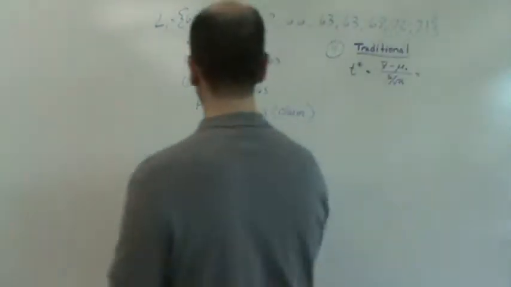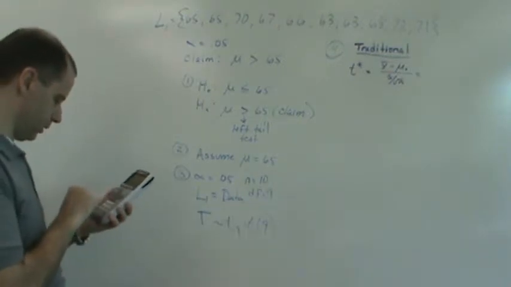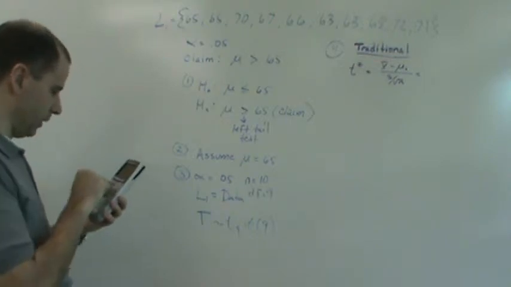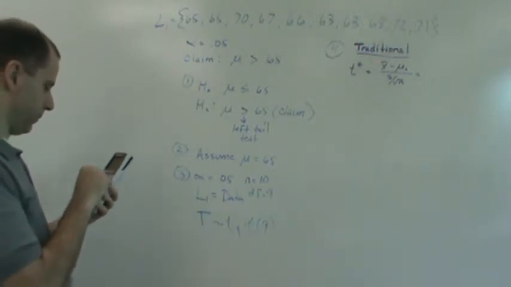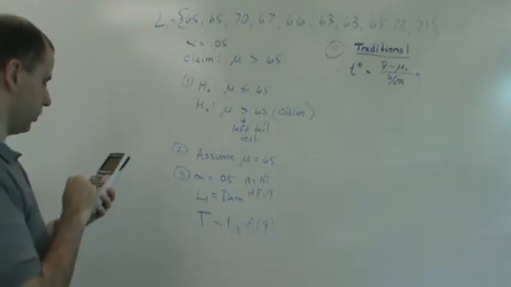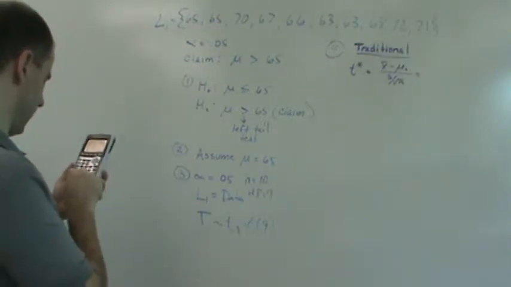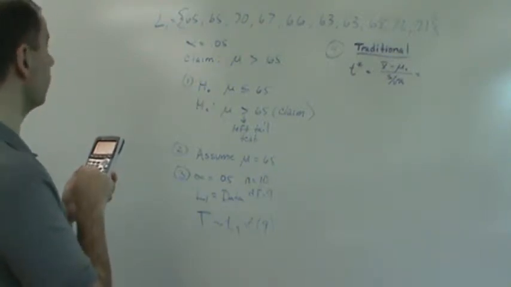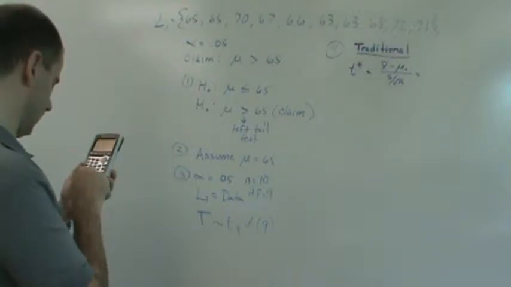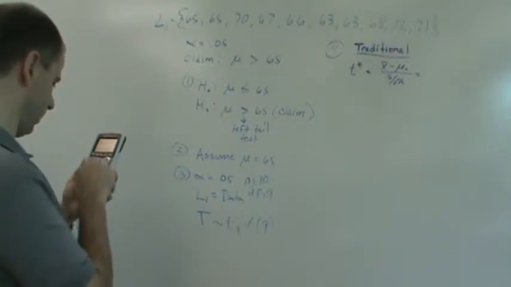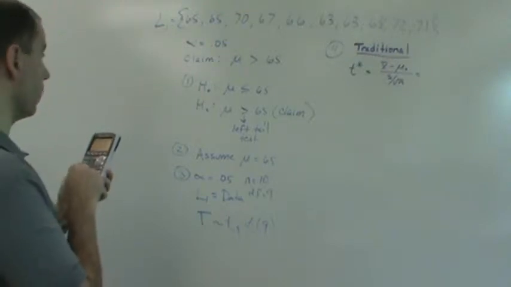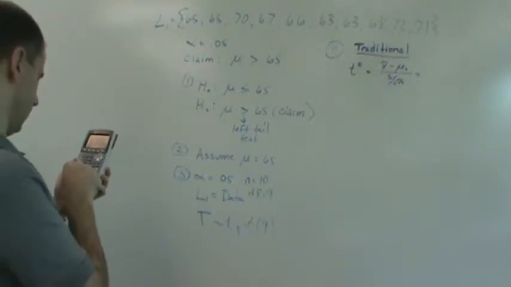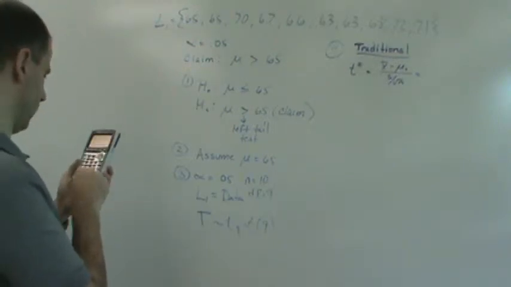So let me plug the data into the calculator. I'm going to go to Stat Edit, and I'm going to put in 65, 65, 70, 67, 66, 63, 63, 68, 72, 71.